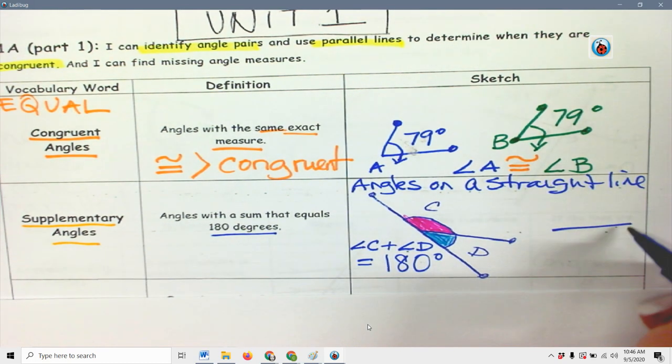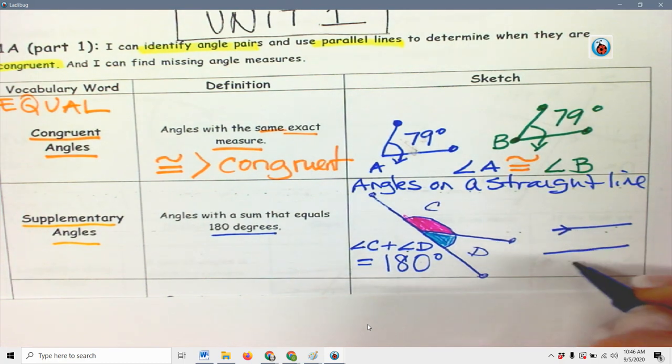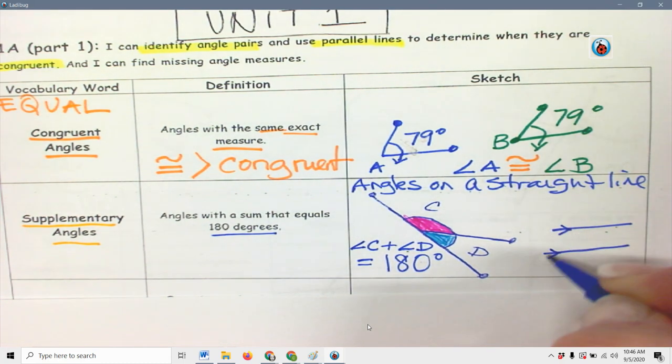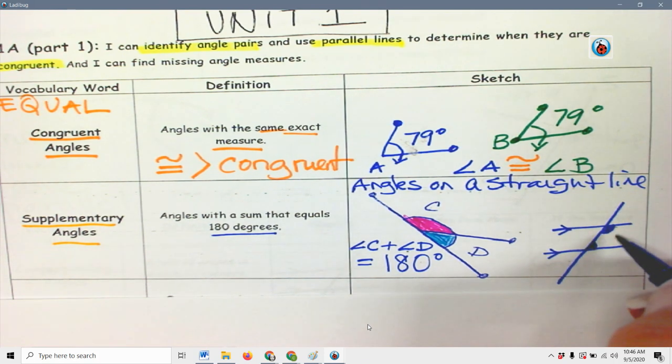And the other time is whenever we have parallel lines. Here's our parallel line symbols or indicators. We have a line that passes through. These two angles on one side of our transversal, and on the inside of those parallel lines, those also add up.